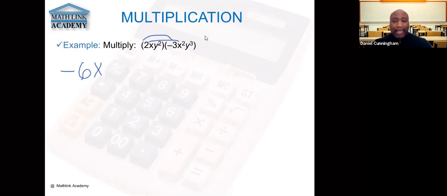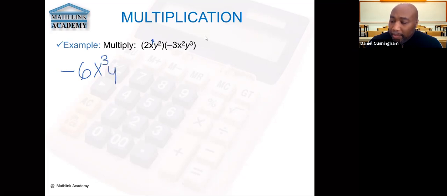The exponent for the first one is a 1. It's invisible, you can't see it, but there's a 1 here and there's a 2. If they have the same base, you add the exponents. So it'll be 1 plus 2, which is 3.